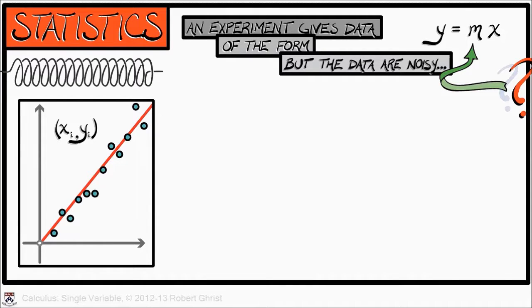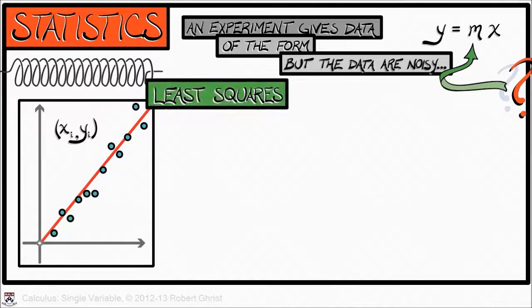So let's assume that the inputs to your problem are a collection of data points: x values, x sub i, and y values, y sub i, that are paired. Now, in order to find the appropriate value of m, we're going to write this as an optimization problem. The method of least squares is a wonderful technique for determining the optimal m.